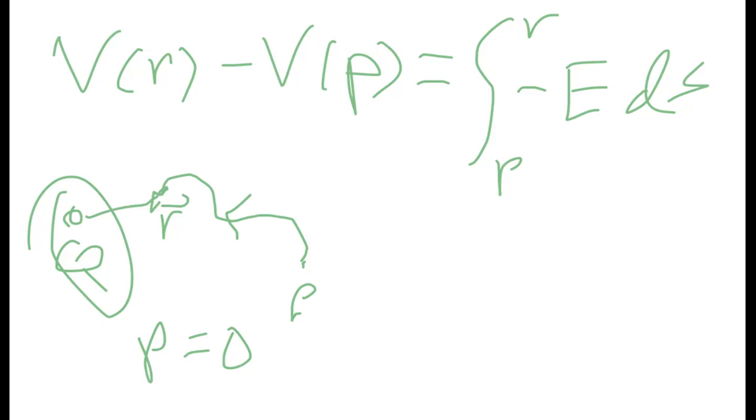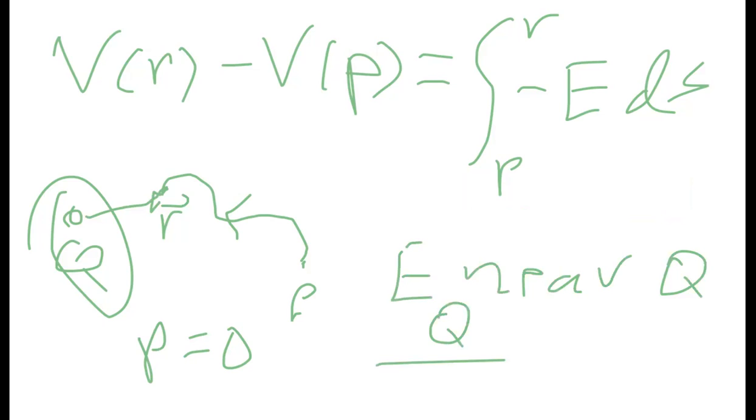Well, remember that we're going to be looking at this integral. So what is E near Q? The top term Q is fine. The lower term is 4 pi epsilon naught and we have this R squared. So what's wrong with this R squared?